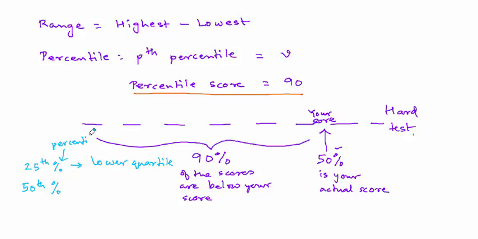The 50th percentile is essentially the median. It divides the data set into two pieces so that 50% of the data is below it and 50% of the data is above. And then we have the 75th percentile, again this isn't percentage, what I mean is percentile. The 75th percentile is also called the upper quartile.